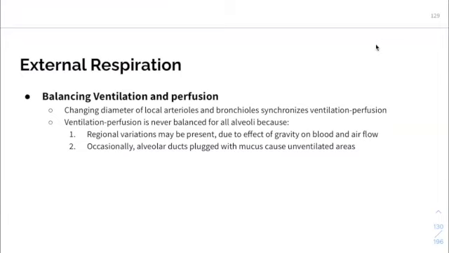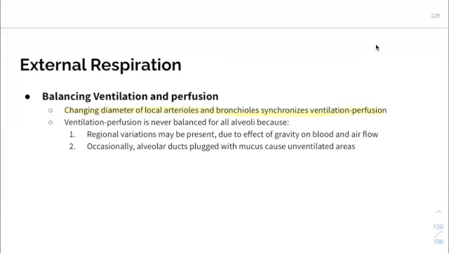So our body always has a way to balance this. We need to keep homeostasis within our pulmonary system, or our lungs, at all times. So we are going to change the size of the arterioles and the bronchioles.